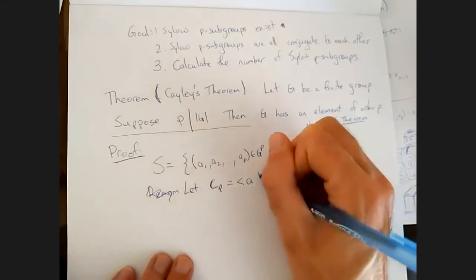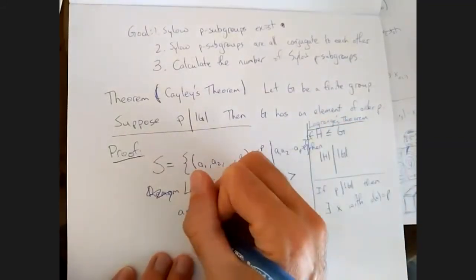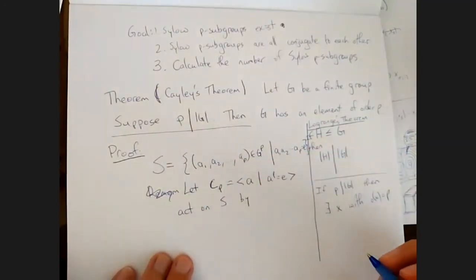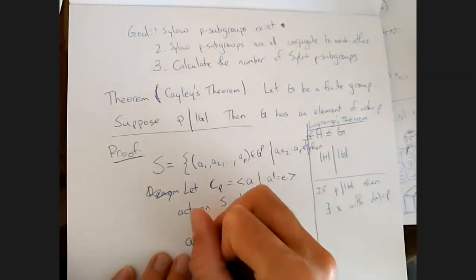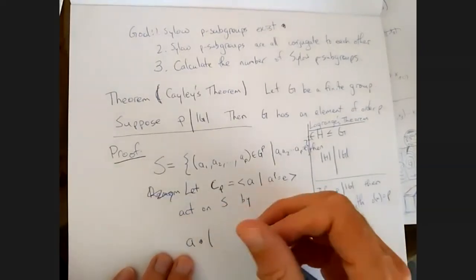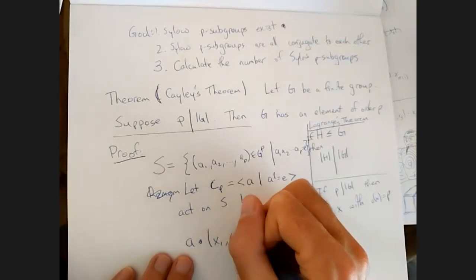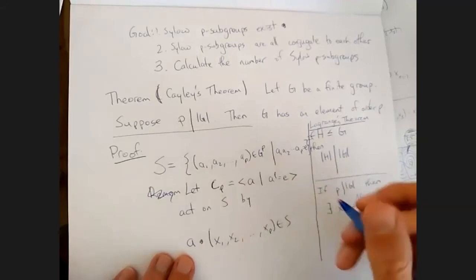This is the group generated by a, satisfying a to the p is the identity. Act on S by a times our p-tuple, say (x1, x2, up to xp) in S.